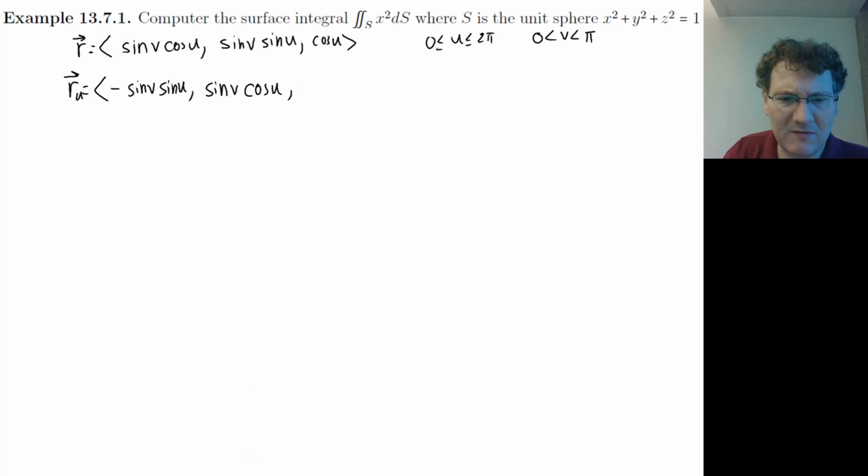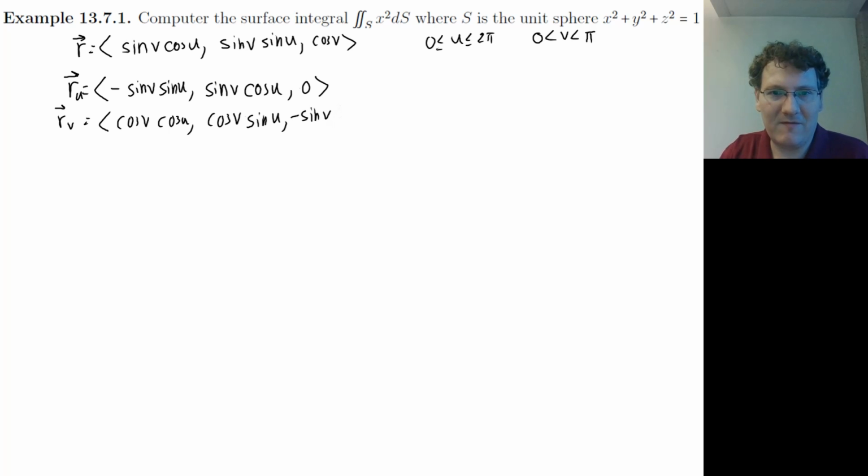It should be the cosine of v, not the cosine of u, so let's fix that. R sub v, we're going to have the cosine of v cosine of u, the cosine of v sine of u, and the negative sine of v.